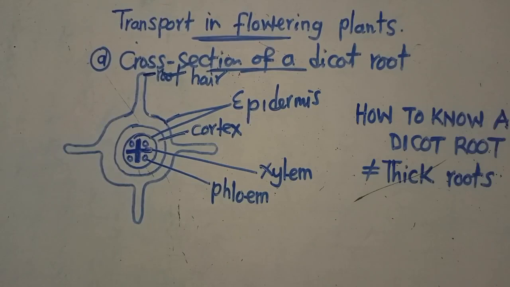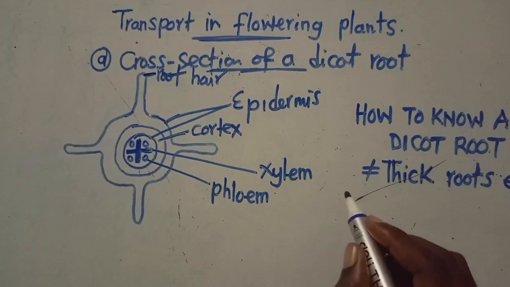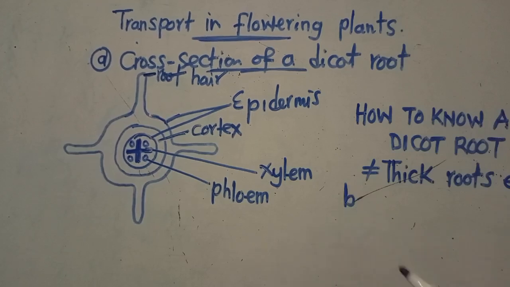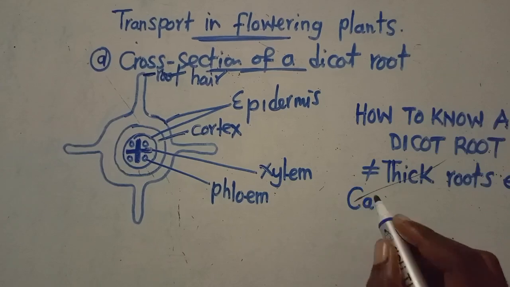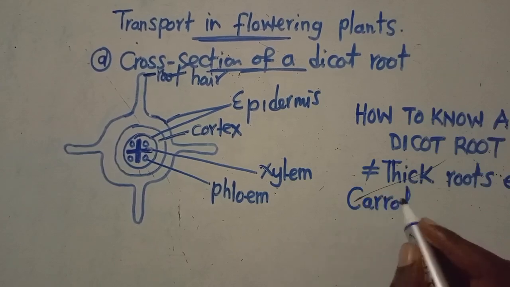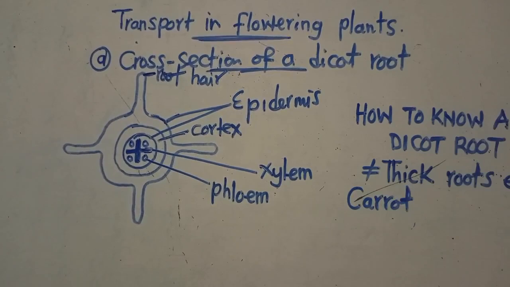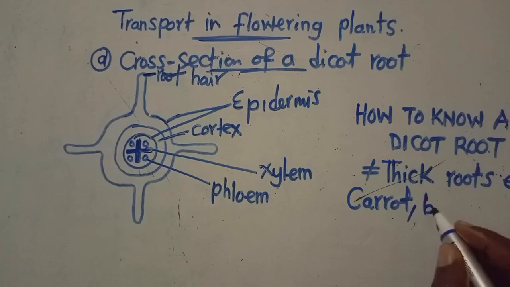Examples of these things: when you look at the way beans are, I can talk of beans, but the best example, let me just say a carrot. Have you seen the way those roots are? So examples: carrot, beans.